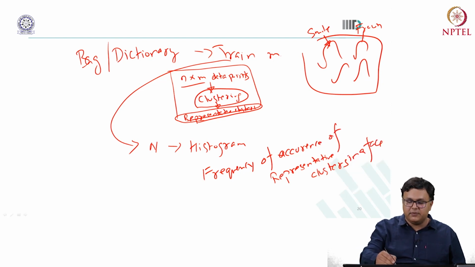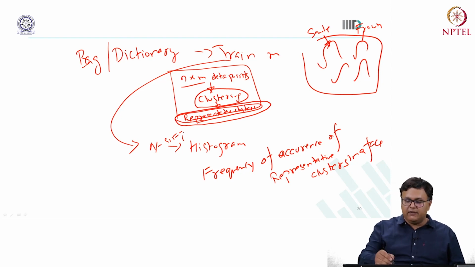You compute the distance between the SIFT histogram for each point with all the features of clusters, and you assign to the nearest neighbor, and that will give you the histogram.